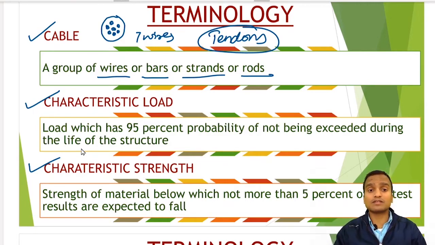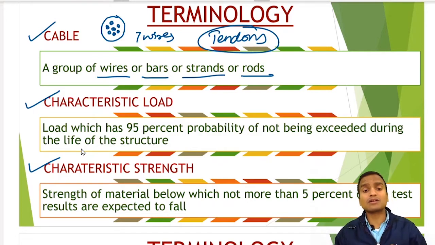That means during the structure's life span, there is a 95% guarantee that a load more than the characteristic load will never come. Similarly, characteristic strength means the strength of material below which not more than 5% of the test results are going to fall.